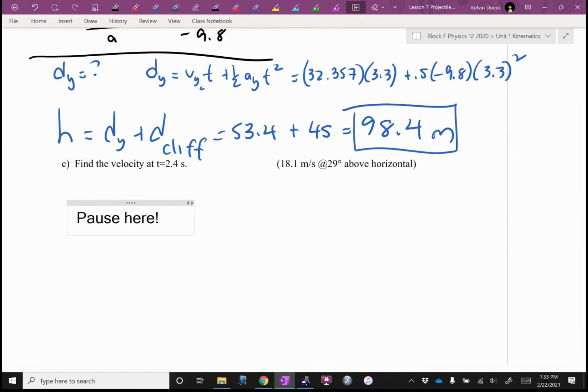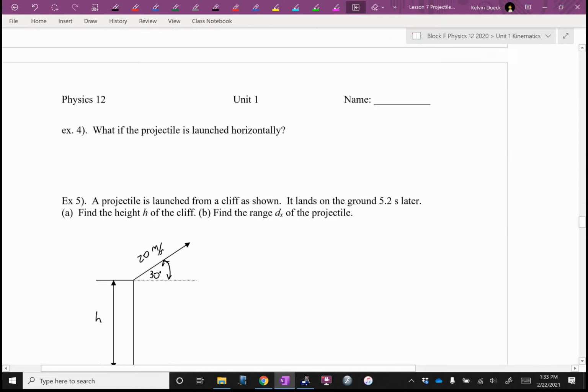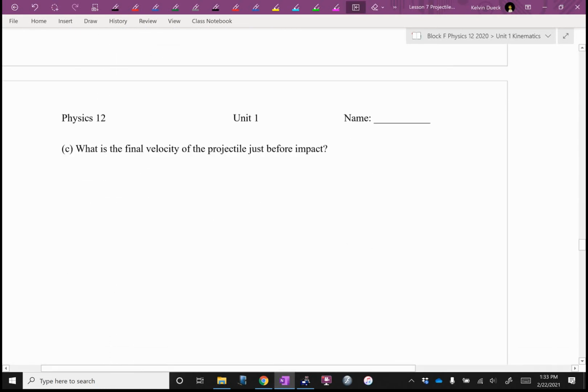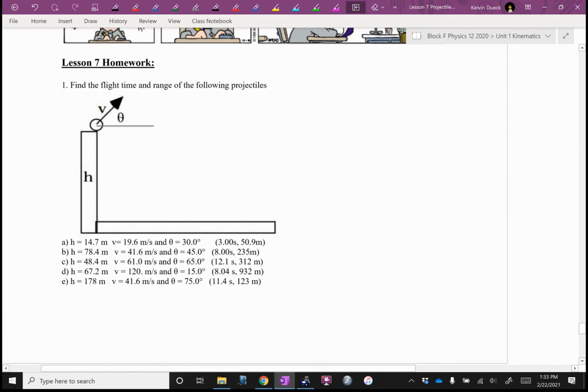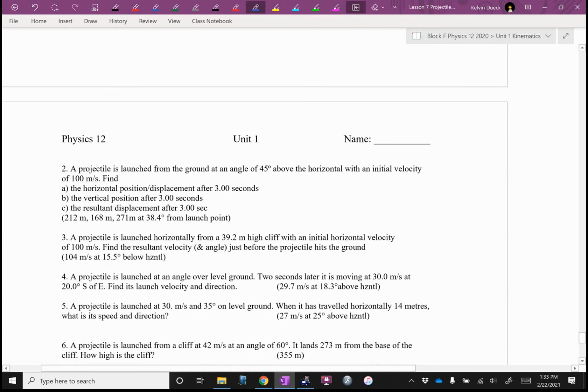We're going to pause here, okay? Questions that you're capable of doing if you go to the homework. First of all, get caught up. I'm missing stuff from a number of you. But number one, here are 5 different cliffs at angles. You'll probably need to dulp. It's the same generic picture, but I'm changing the theta and I'm changing the height of the cliff. Find time, find range. Okay? You can pass on question number 2.